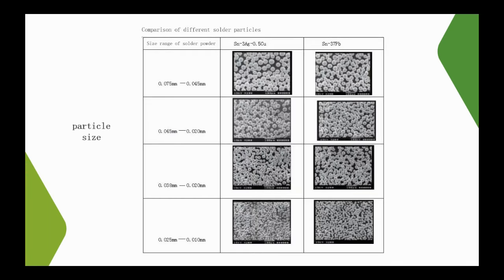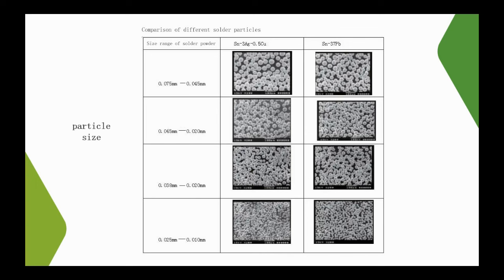Therefore, when the mesh number of the solder paste is larger, the particle diameter of the tin powder in the solder paste is smaller, and when the mesh number is smaller, it means that the particles of the tin powder in the solder paste are larger. When the manufacturer chooses the solder paste according to its mesh number, it should be determined according to the distance between the solder joints with the smallest distance on the PCB.